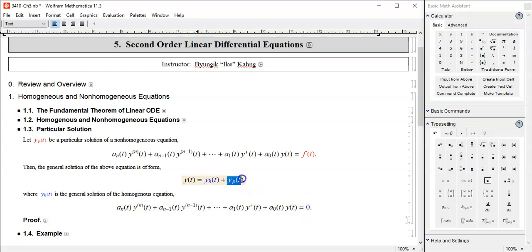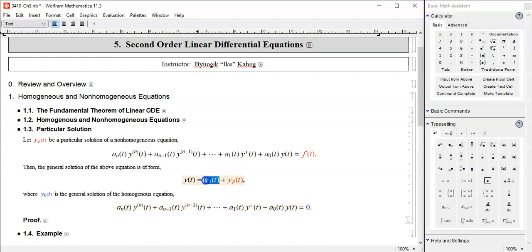In this particular solution, there's only one solution, and this one may include some integral constants because, as you saw before, if you take the antiderivative, c pops out. If you take two antiderivatives, we have c1 and c2. If you take three antiderivatives, c1, c2, and c3 pop out, and so on and so forth. And if you use common sense, we're talking about the nth derivative.